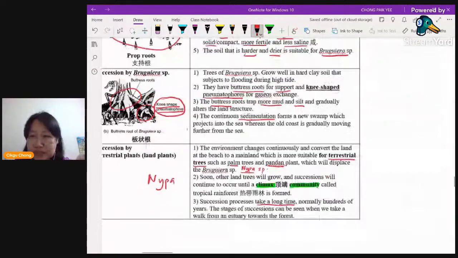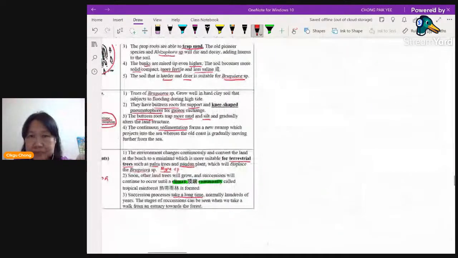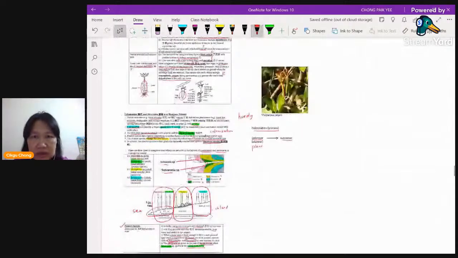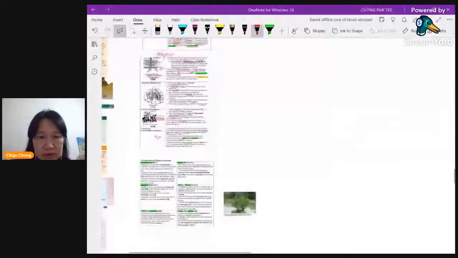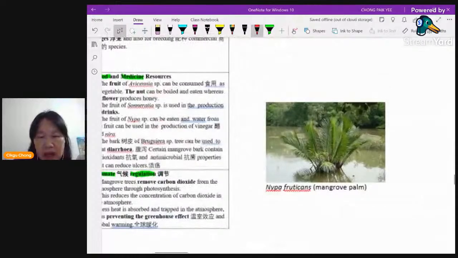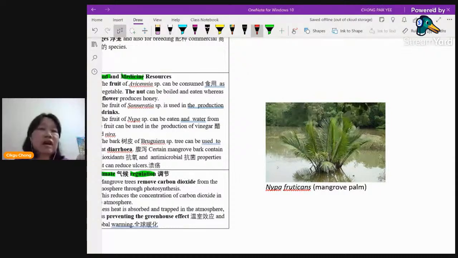Okay, so here I show you the pictures. Where are the pictures? Sorry, where did it go? Sorry, wait, here. Now this is nipa, pokok nipa. It is called a mangrove palm. It looks like a palm tree, but it's not the palm tree that we have inland. The leaves look like palm, but actually it's a mangrove palm. We call it Nypa fruticans.